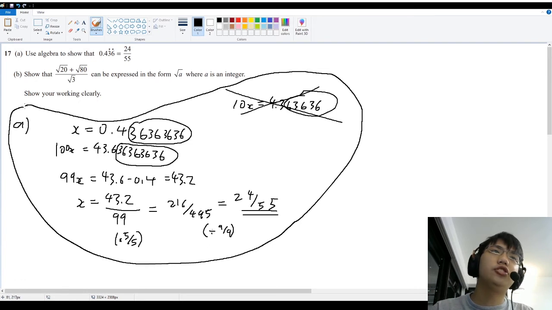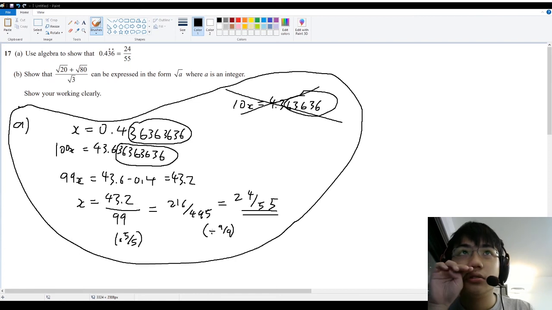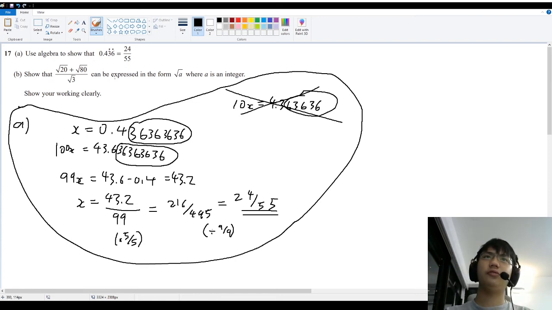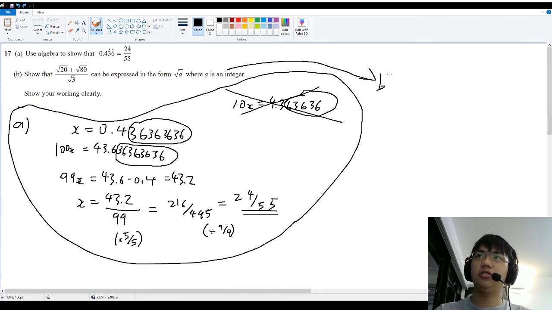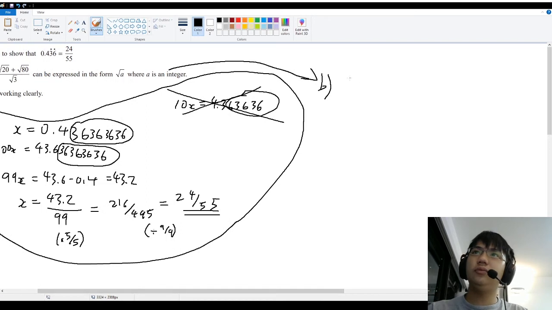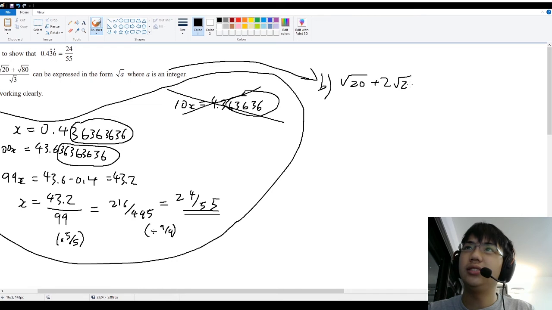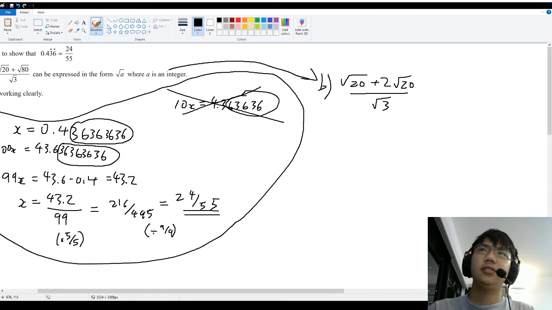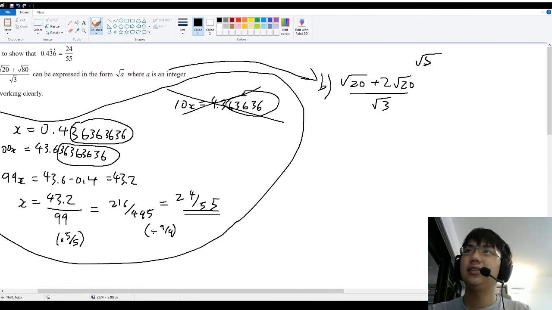For part B, show that root 20 plus root 80 over root 3 can be expressed in the form of root A, where A is an integer. So root 20 plus root 80 can be written as root 20 plus 2 root 20, over root 3. 80 can be rewritten as 2 root 20, since root 80 is just root 4 times root 20, and root 4 is equal to 2.